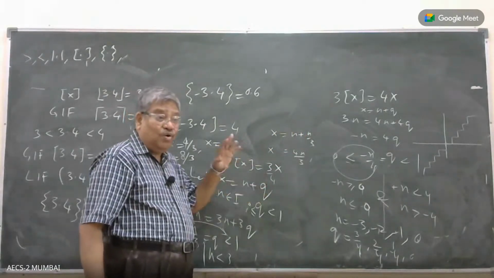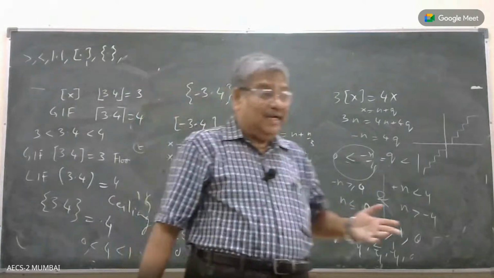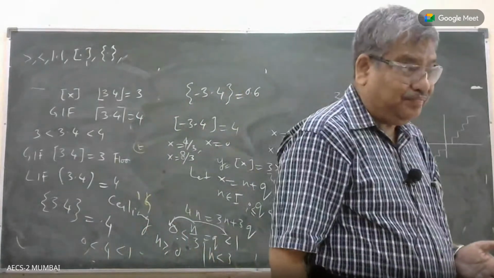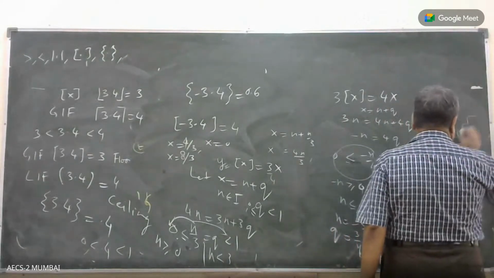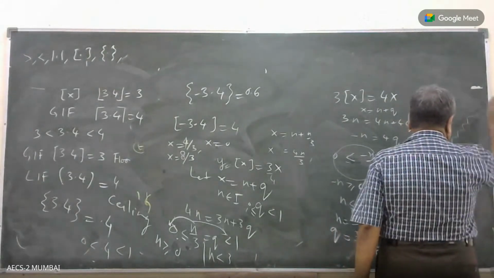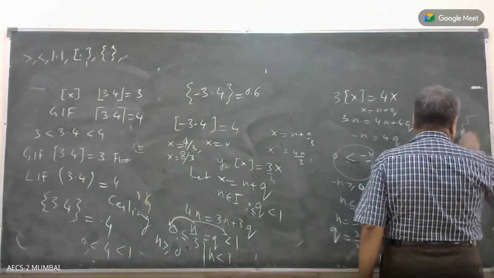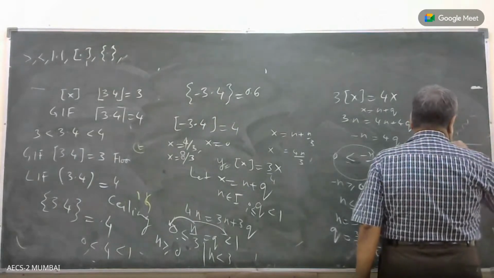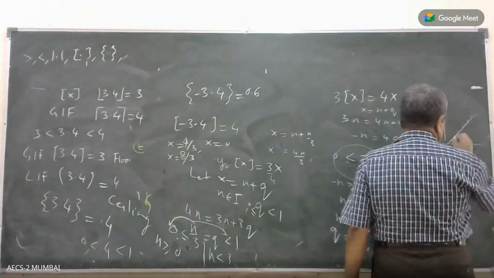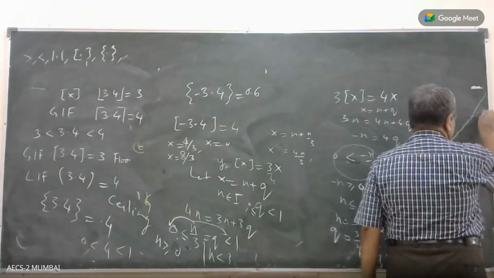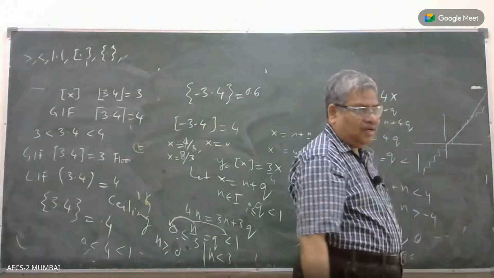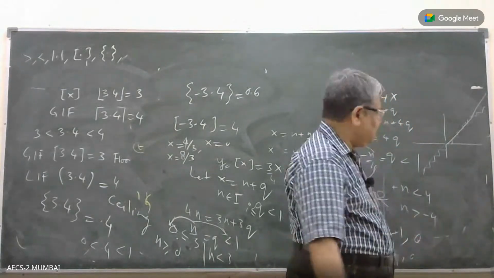This is a line whose slope is less than 1. The slope 1 line is this, so slope less than 1 will be like this. It is likely to cut at a few places and then it may leave out the staircase. Graphically you can check this.